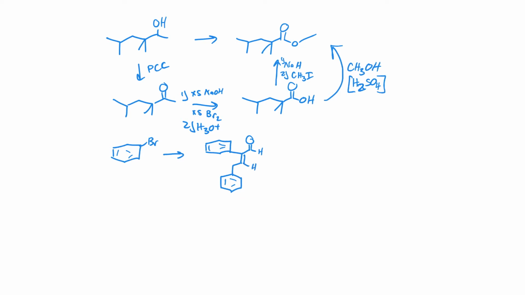Okay, so the first thing that jumps out at me is that the alpha-beta unsaturated portion of this molecule seems to tell me that we're taking maybe an aldehyde that looks like this top portion and condensing it with the same aldehyde in an aldol reaction. So if we look at that, NaOH, heat, and you can see that this is the aldehyde that we would want to use.